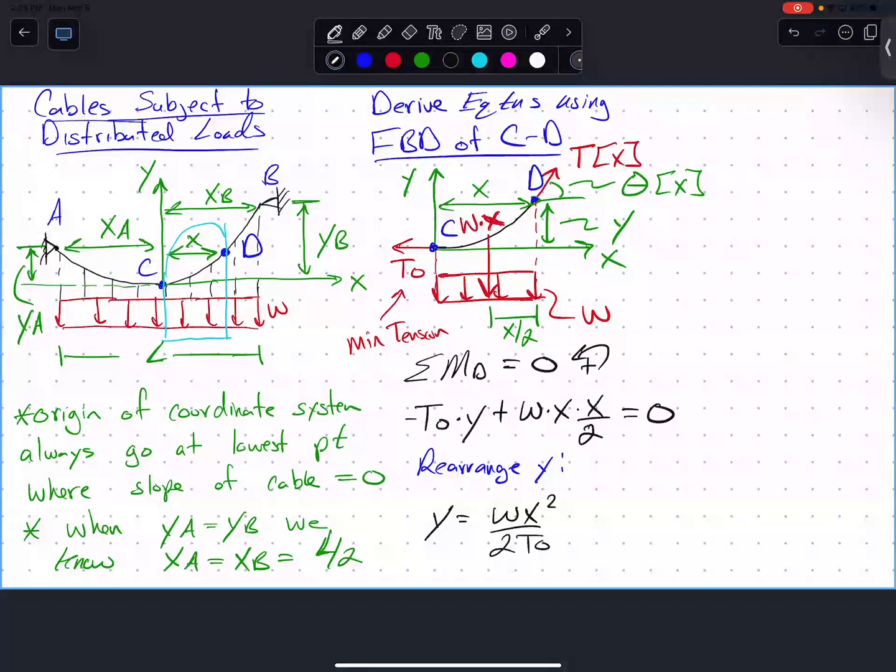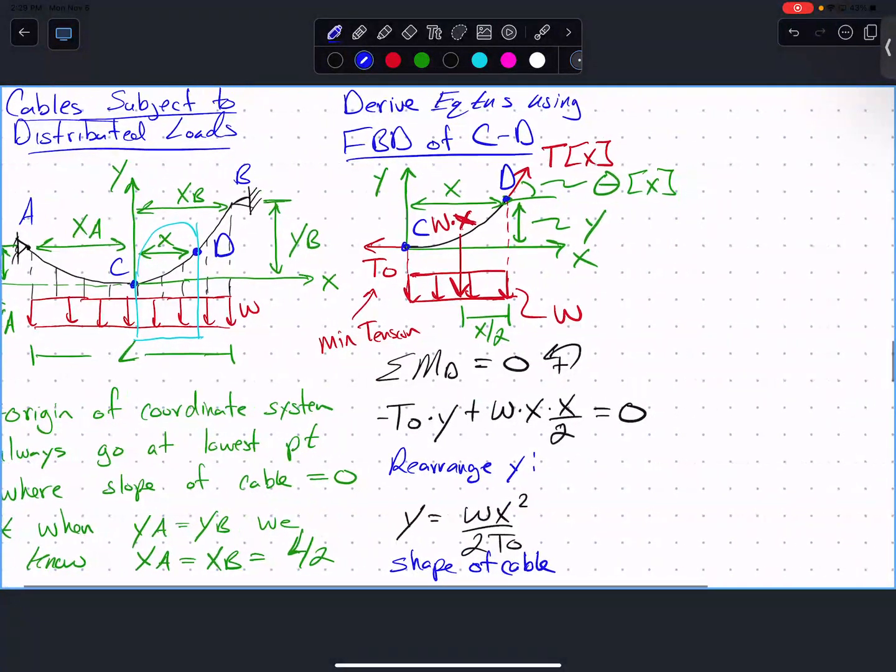It's this nice quadratic equation, x squared. It is actually the shape of the cable. If we plugged in a value for x, we would get the corresponding value for y at that location on the cable. We use the moment equation to come up with that shape of our cable. So this really is the shape of the cable.